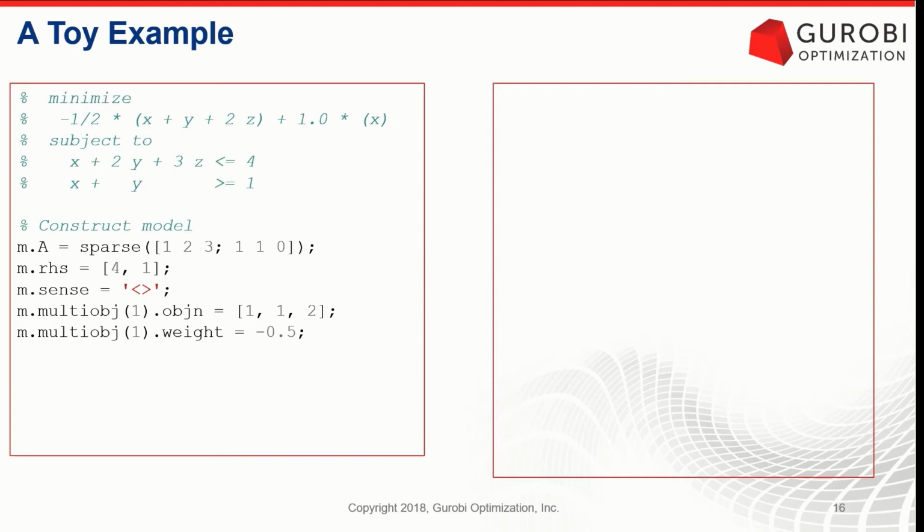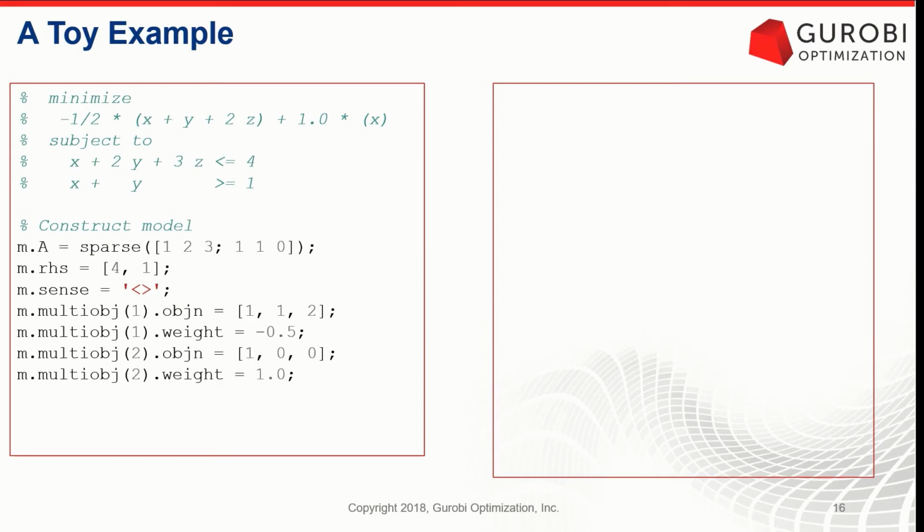One is objn, which you can think of as the nth objective vector. These are just the coefficients for that objective function, 1, 1, and 2, because it's x plus y plus 2z. And the weight factor, which is -0.5 here. Okay, so we have modeled the first objective function.